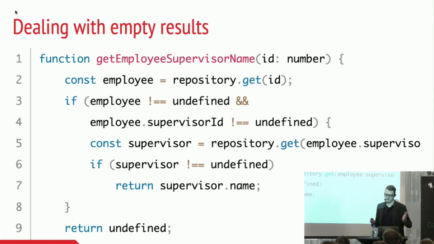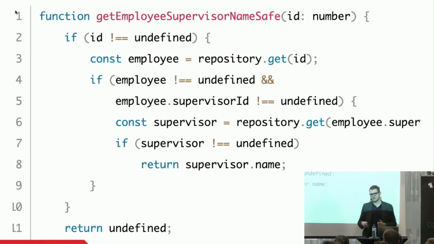Now we have two levels of nesting and three if checks for undefined, because the supervisor ID of that employee can be an ID that is not in the repository. And finally, the ID parameter for this function can also be undefined or null or anything. So we should also check that, right?